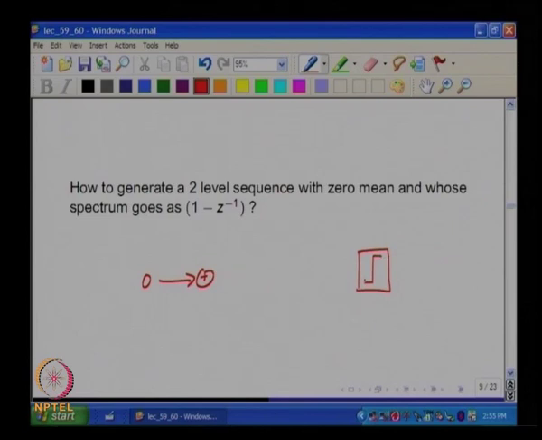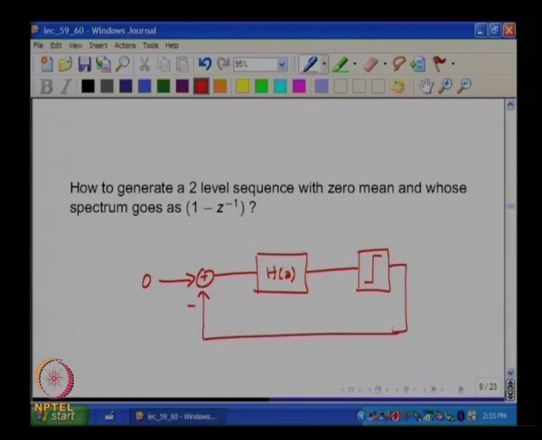So, you have a 2 level sequence. If I have h of z in general and do this, this will give you a sequence with 0 mean, and noise shaped, it will have only 2 levels because the quantizer is enforcing the 2 levels, and it will have a spectrum which goes as 1 by 1 plus h of z.